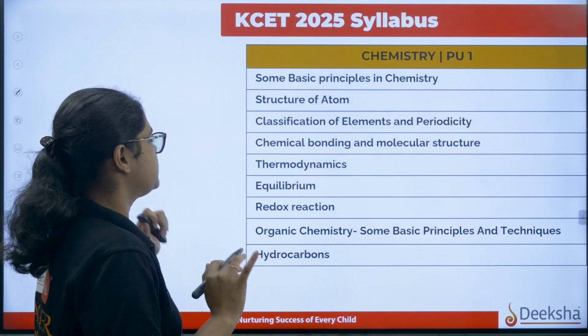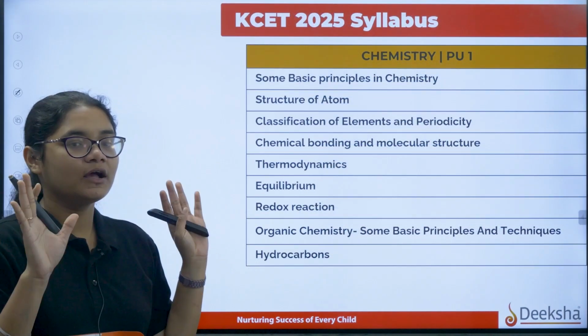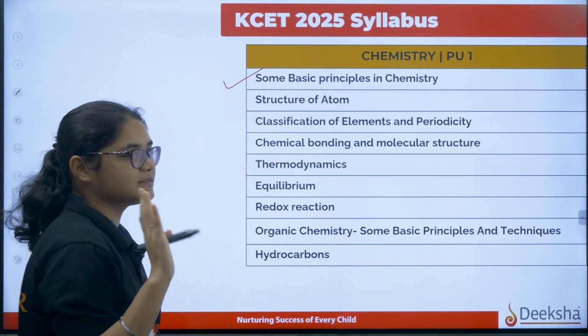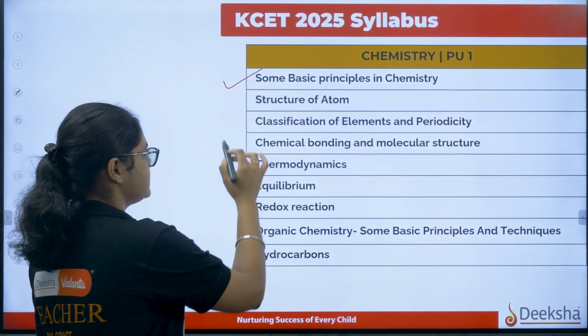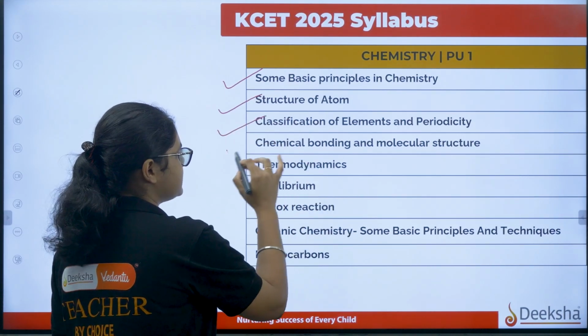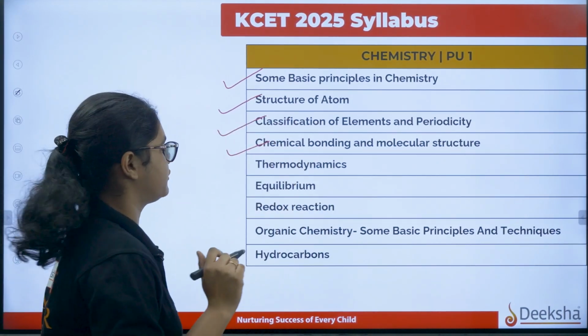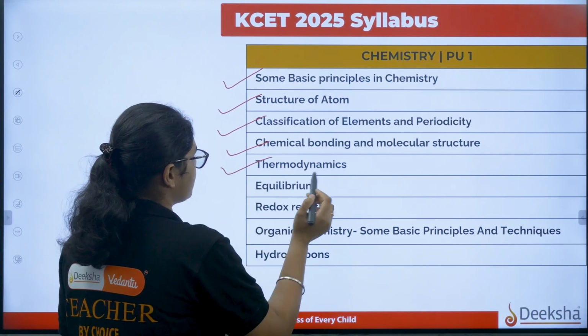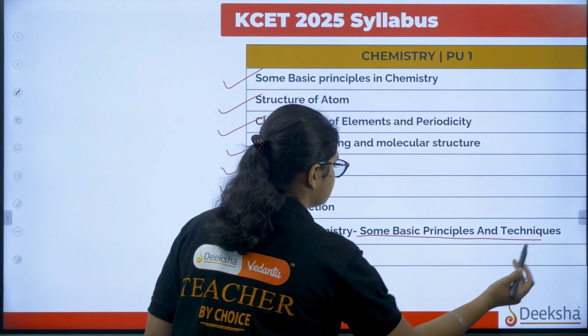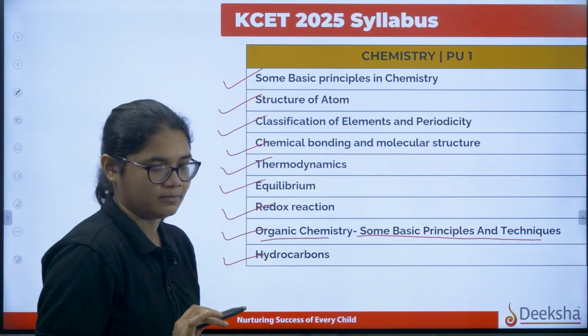Now coming to chemistry, you have fewer chapters in chemistry. Okay, so for PU1, the first chapter is some basic concepts of chemistry, second structure of atom, third classification of elements and periodicity, fourth chemical bonding and molecular structure, fifth is thermodynamics, then equilibrium, redox reactions, organic chemistry some basic principles and techniques, and then hydrocarbons.